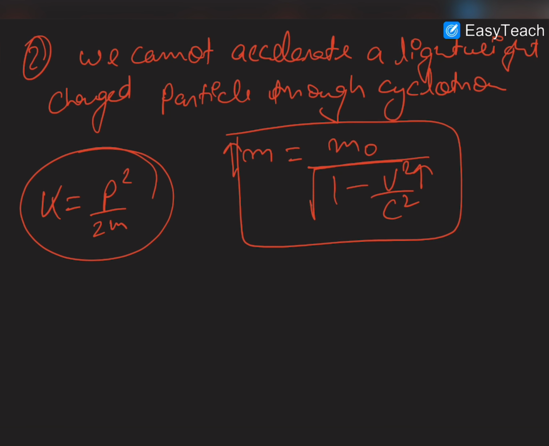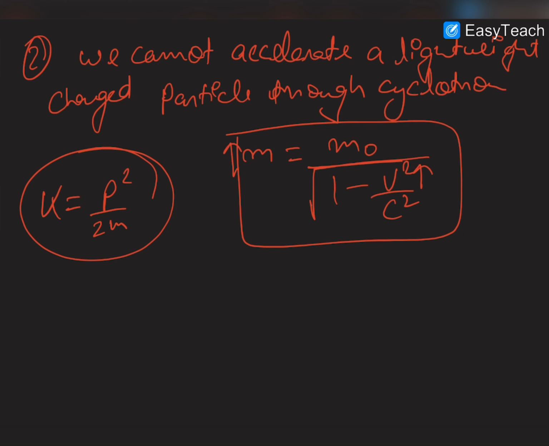In fact, we can say that if the electric impulse on the particle is same on both the particles, then the particle which is moving with the greater kinetic energy will be the particle which is having the less mass.